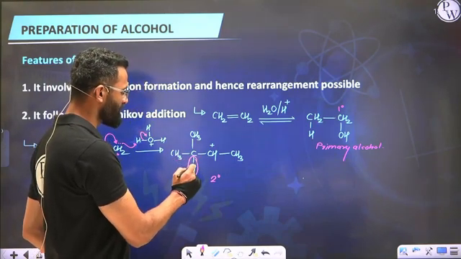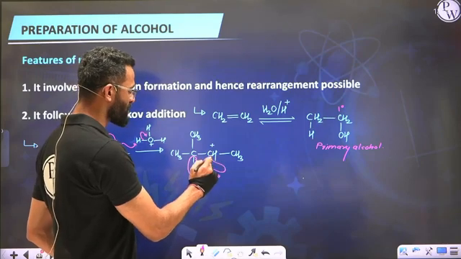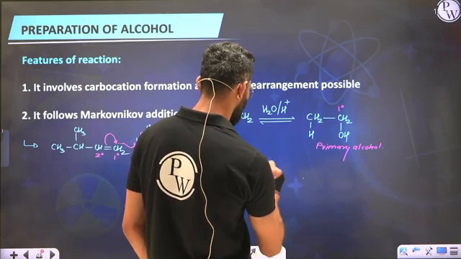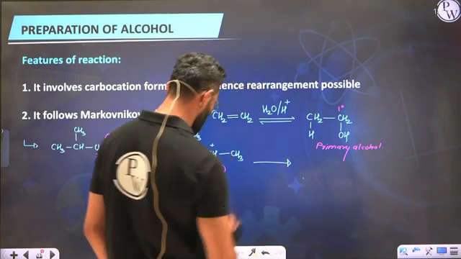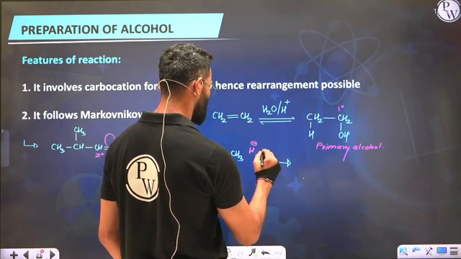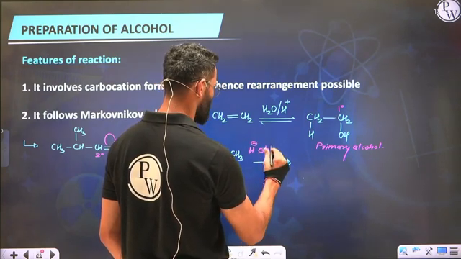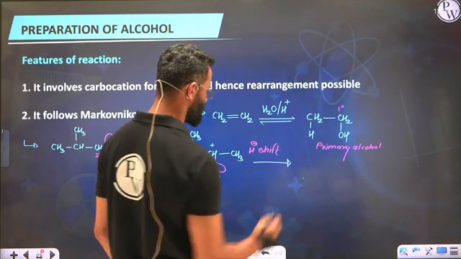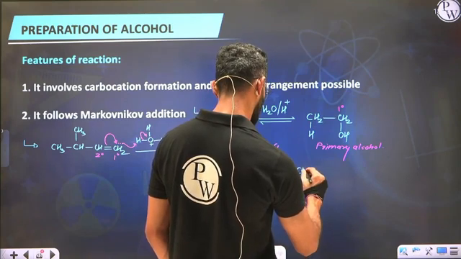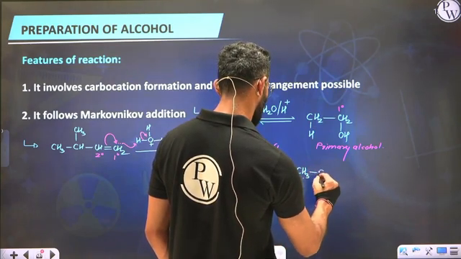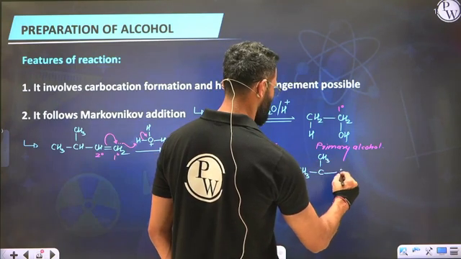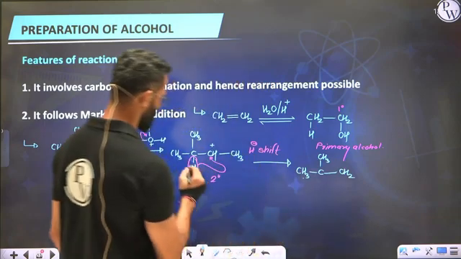So the entire H along with the bond pair will shift from here and attack at the secondary carbon. When such rearrangement takes place, we refer to this as a hydride shift, H minus shift, where you will now get CH3, C, CH3, and see, this CH became CH2 because the hydride attacked here.